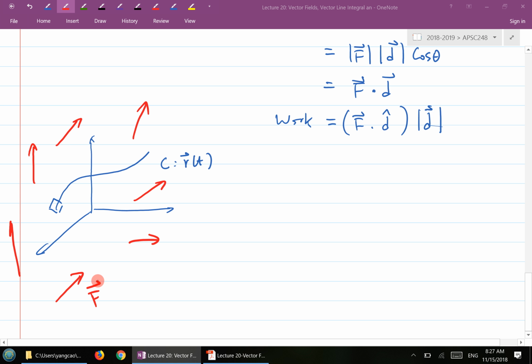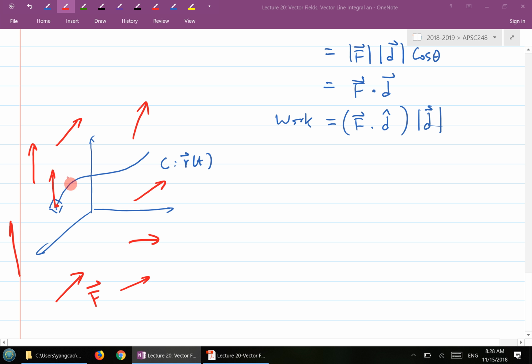Then which force actually matters to this small object? If you have a force over here, it probably doesn't matter, because it's not pushing this object, it's pushing something over here. The only force that matters is the force at this location, maybe pointing this way, I don't know. Does that make sense?